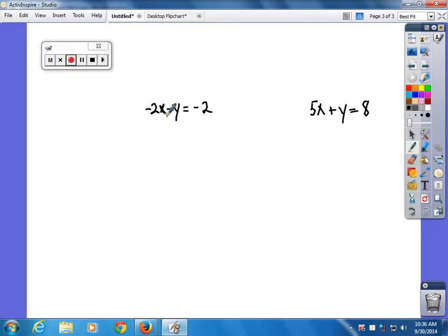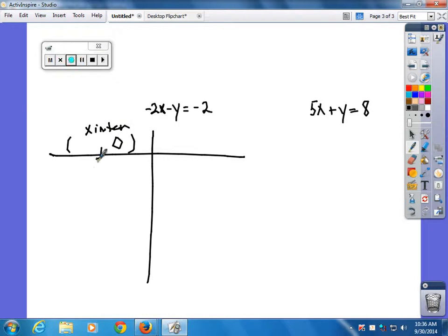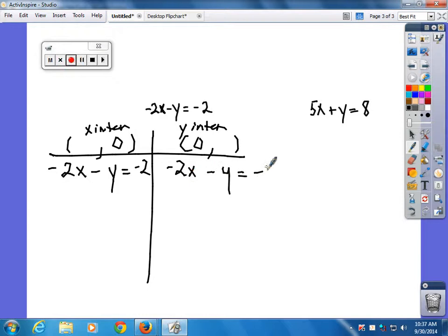And first thing I'm going to do is draw my big set right here, x-intercept and y-intercept. I think I showed y'all this. I didn't show y'all how to do it on the calculator. Showed y'all how to do it on the board. 2x minus y is equal to negative 2.